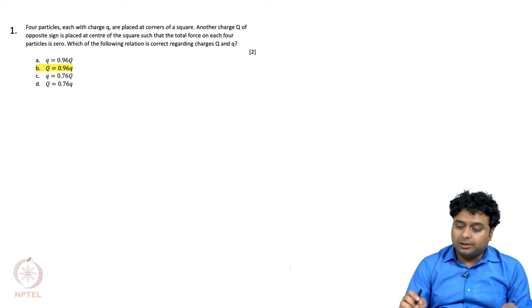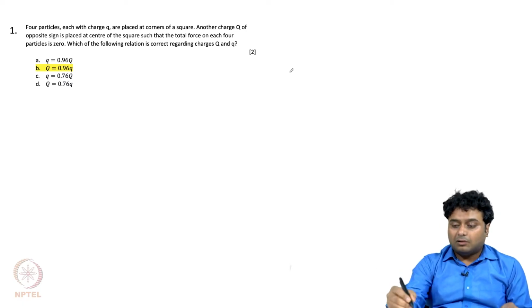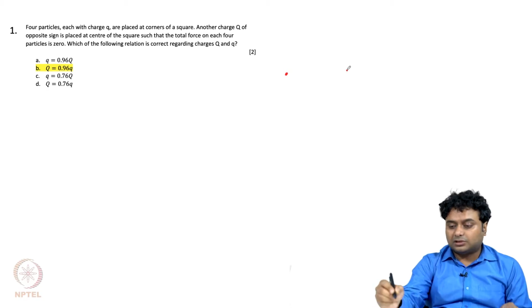So, for that we need to see how the forces are acting. Let us say these are the 4 charges placed at the 4 corners of a square, and in the middle there is an opposite charge.